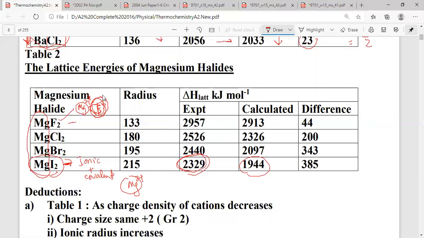That means it remains almost spherical. That means it's very ionic in character. That's why the difference is 4. But this I minus, a big lumpy fellow here, is able to be polarized. That means we say this to be polarizable.